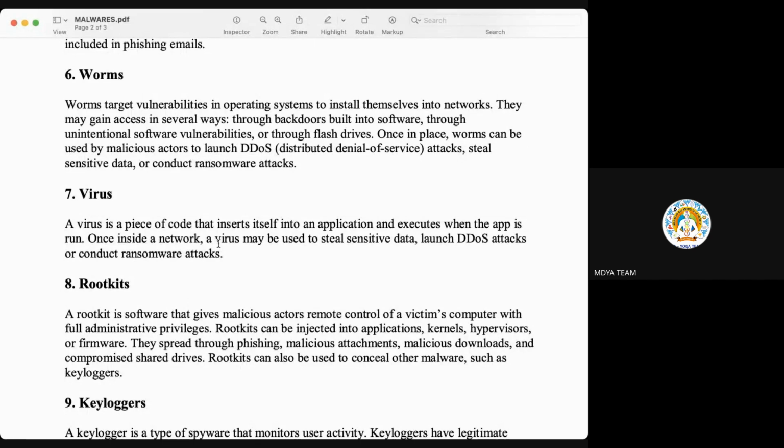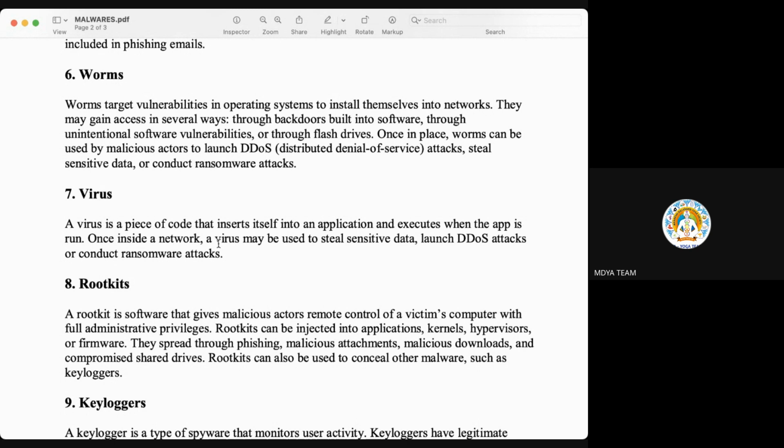And a virus is again a piece of code that inserts itself into an application and executes when that particular app is run. Once inside a network, a virus may be used to steal sensitive data, launch DDoS attacks, or conduct ransomware attacks also.